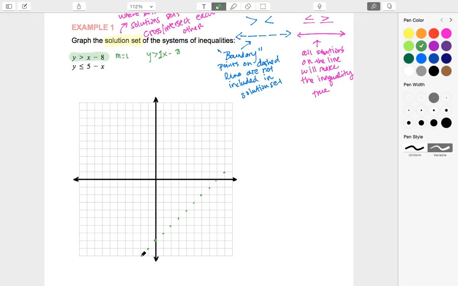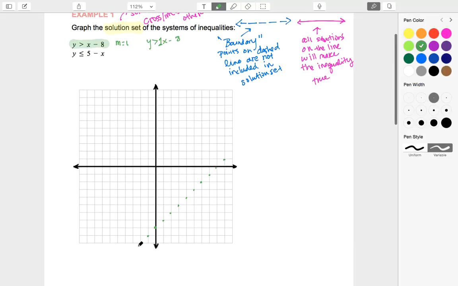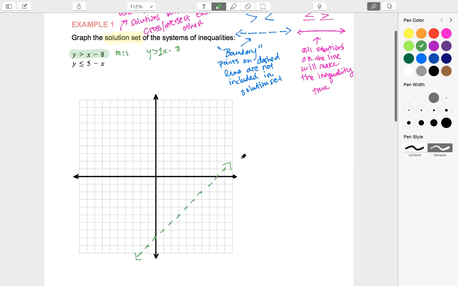But at this point, we should be able to just sketch them out already as a dashed line. So then right here, we can go ahead and form these as dashes, like so. Great. And we can put our arrows. Sweet. All right, so this represents y is greater than x minus 8.